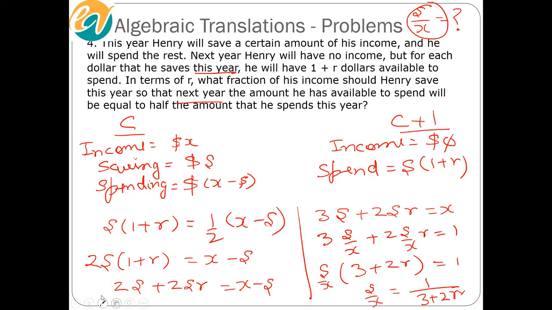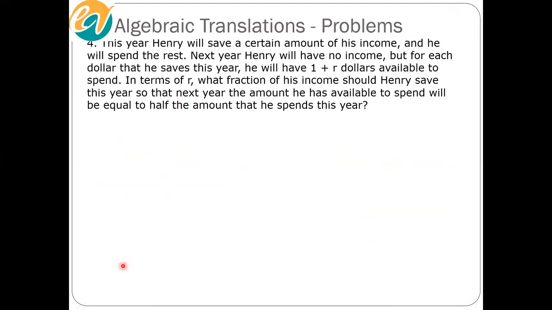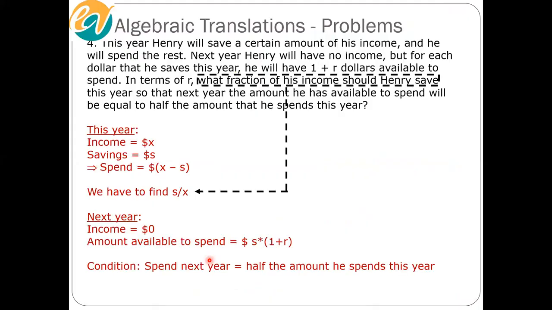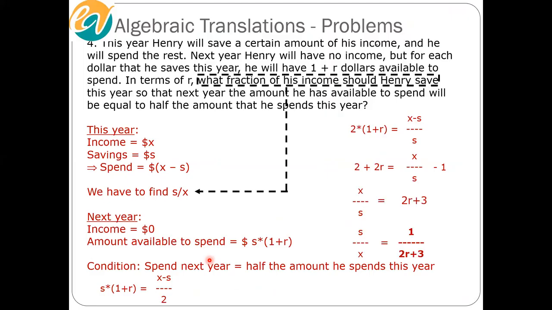All right. 1 upon 2R plus 3. Always a good idea to keep in mind what exactly the question is expecting us to find out.